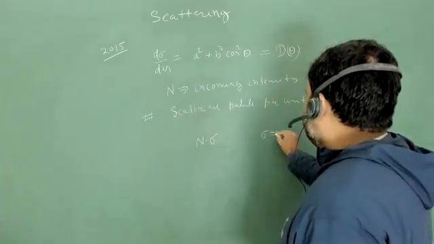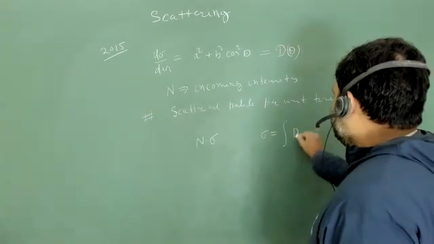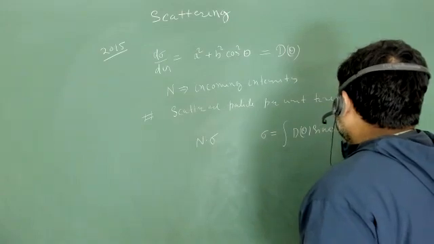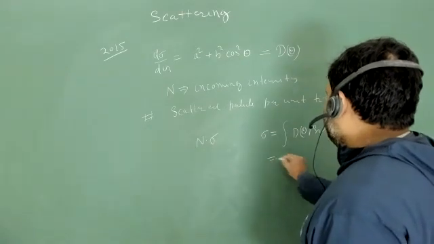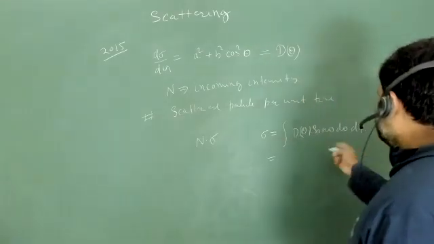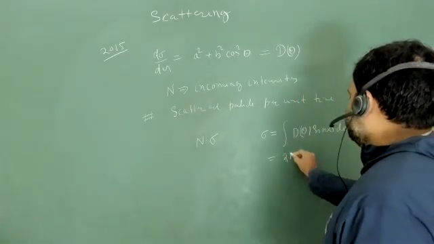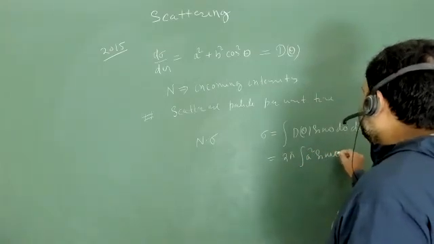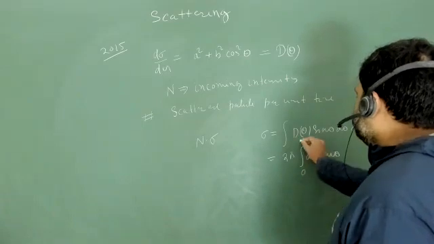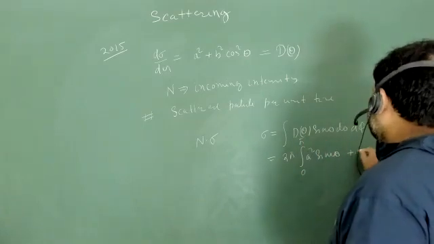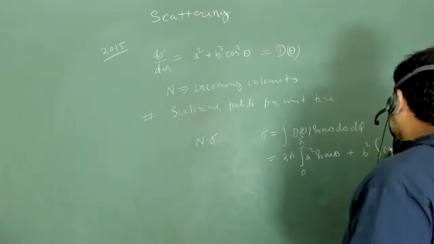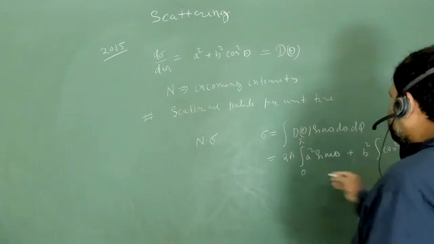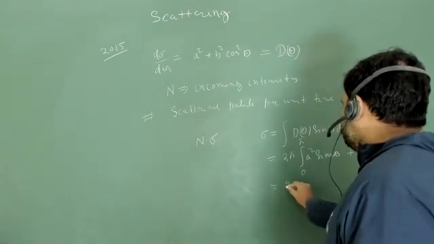The sigma can be easily found by the formula, integral of d sigma by d omega, sine theta d theta d phi, and this will be the value of total scattering. So we can take 2 pi common, and here is a square sine theta, going from 0 to pi, plus b square cos square theta sine theta d theta, and 2 pi.